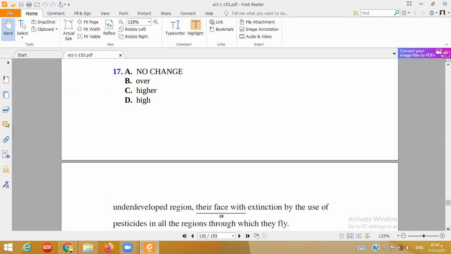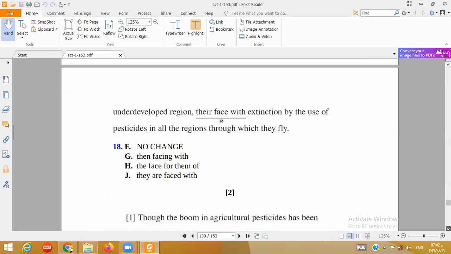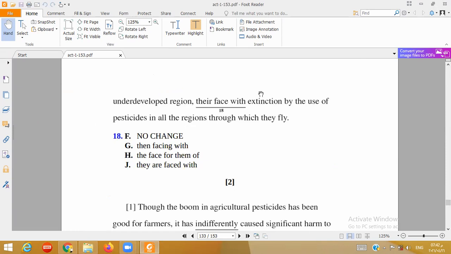So they migrate to a relatively undeveloped region. They are faced with extinction by the use of pesticides in all the regions through which they fly. So here he's talking about the danger and the threat that faces Egyptian vultures. What does extinction mean?